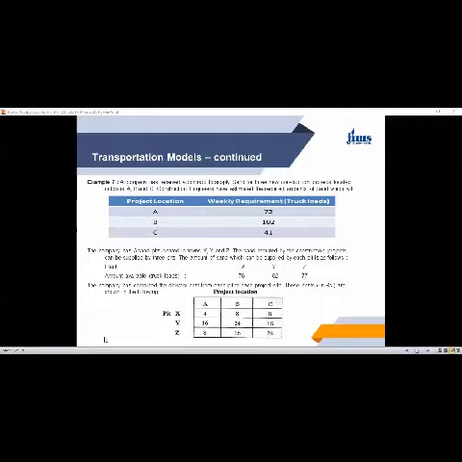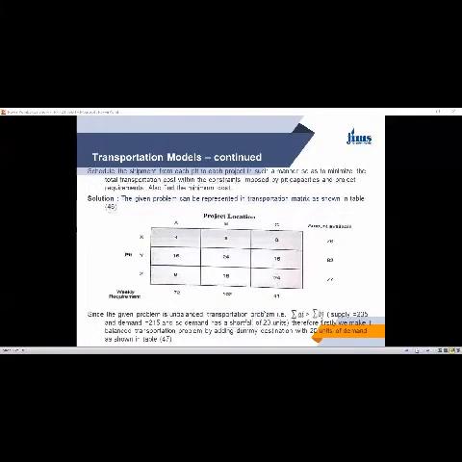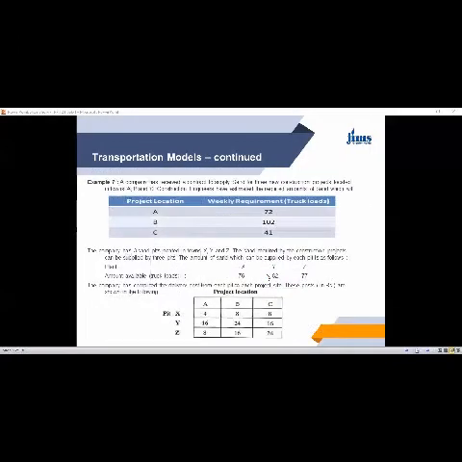So these are the pits X, Y, Z, and these are the project locations A, B, and C, and the cost of transportation from each pit to each project location has been given in this matrix.